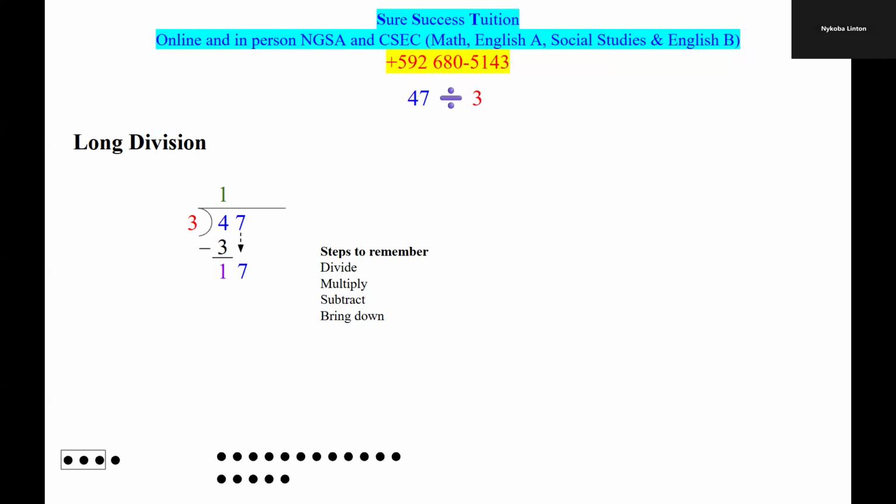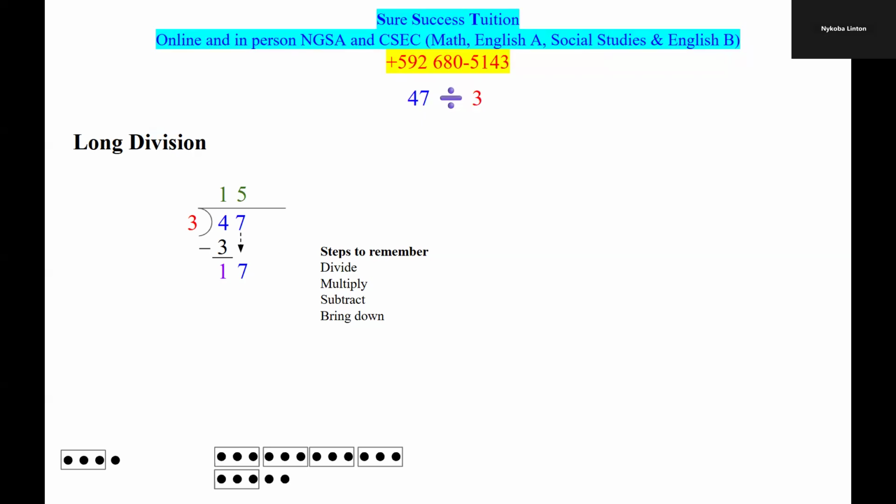How many groups of 3 can we get from these 17? Let's make the groups of 3. 1, 2, 3, 4, 5. So we made 5 groups of 3, and we have 2 remaining. So 17 divided by 3 is 5. Note where the 5 goes, directly above the digit that was being divided.